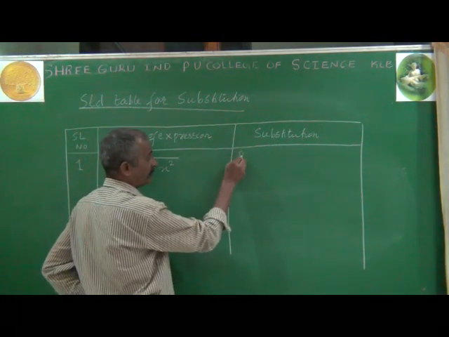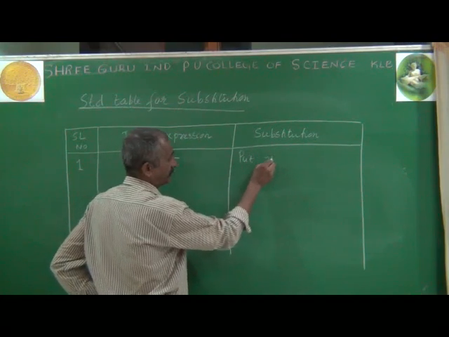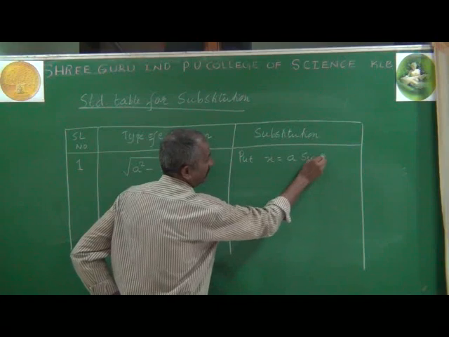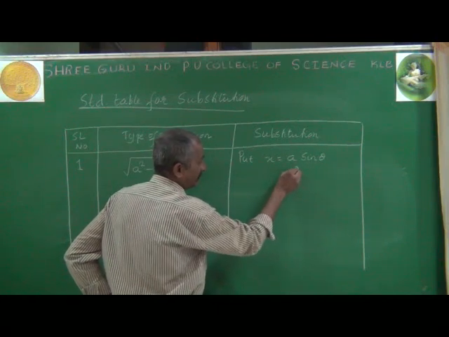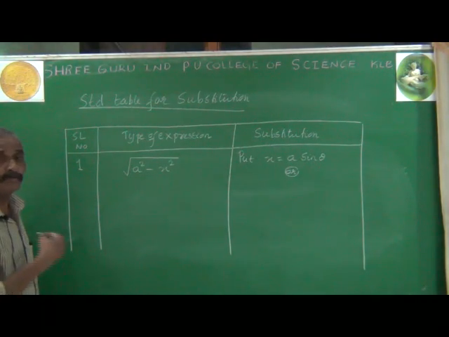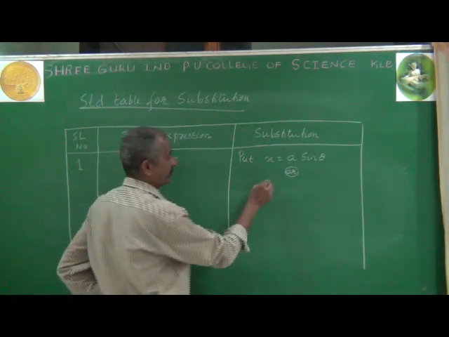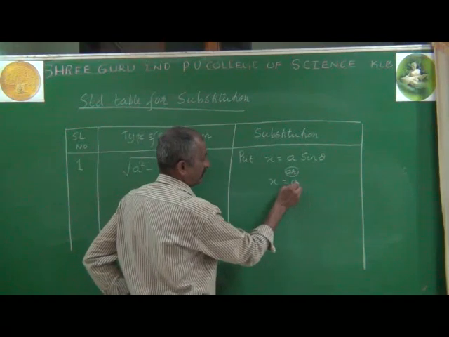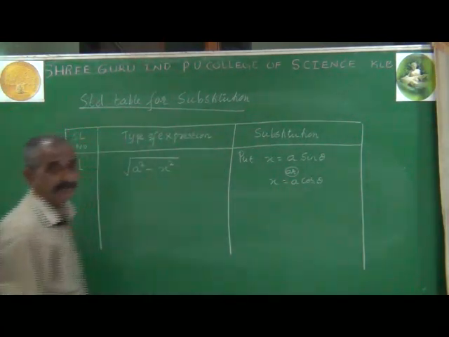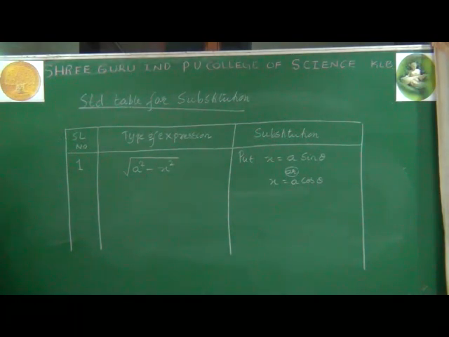We put x equal to a sin theta. Sometimes, depending on the particular problem, you have to put x equal to a cos theta also. Substitute either x equal to a sin theta or x equal to a cos theta depending on the requirement of that particular problem.